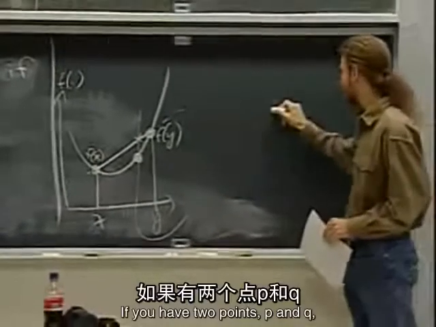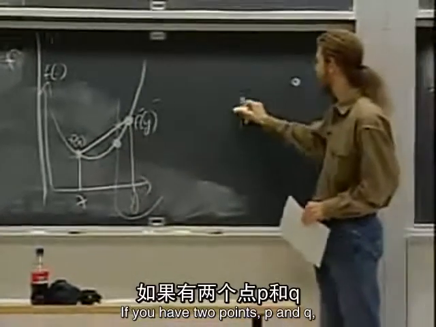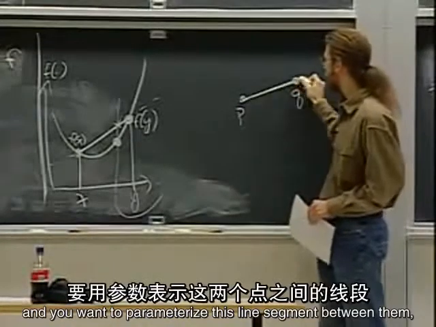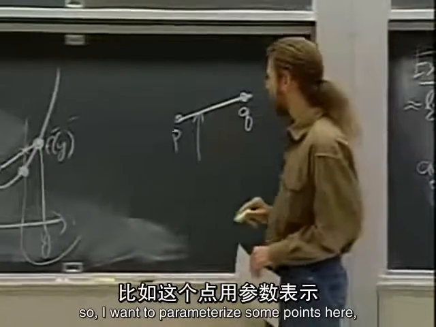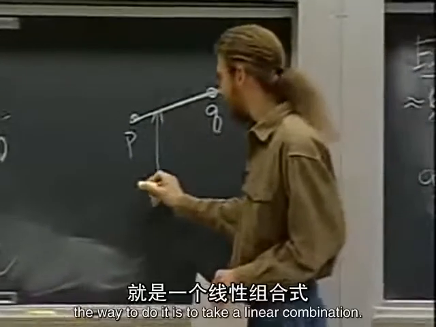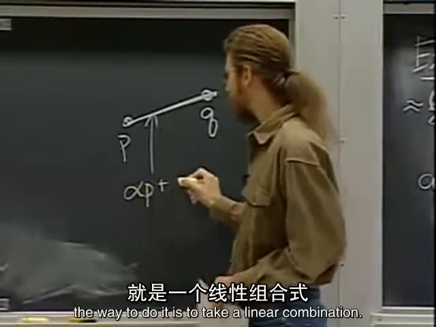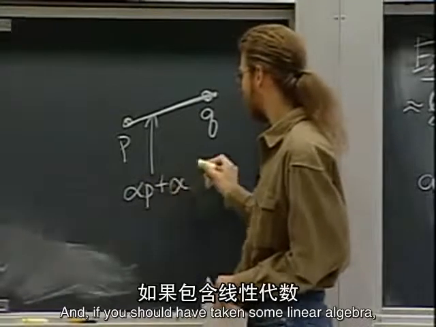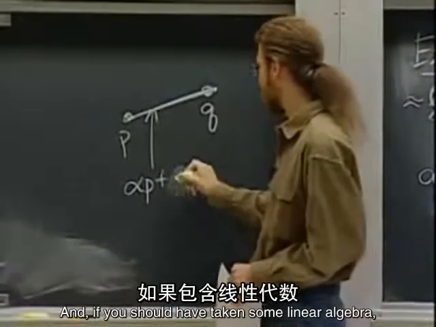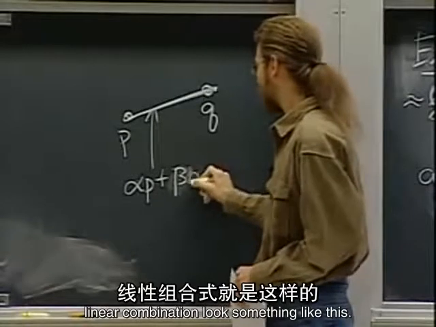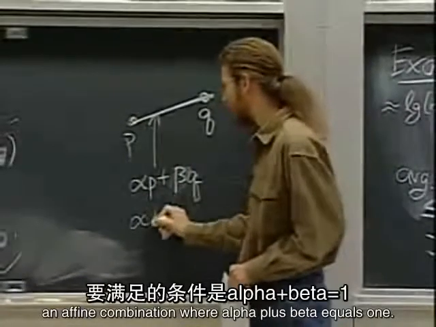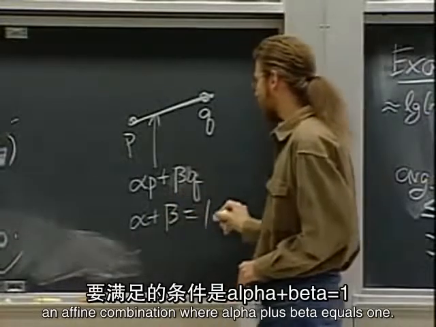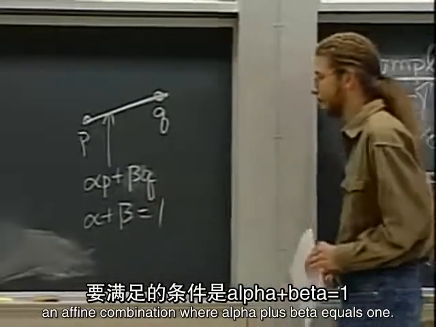If you have 2 points, P and Q, and you want to parameterize the line segment between them, the way to do it is to take a linear combination. You should have seen linear combinations in linear algebra. In fact, we're going to take something called an affine combination, where alpha plus beta equals 1.